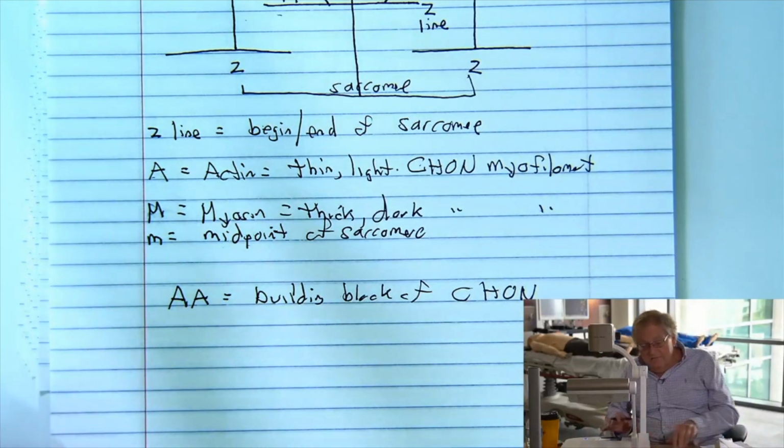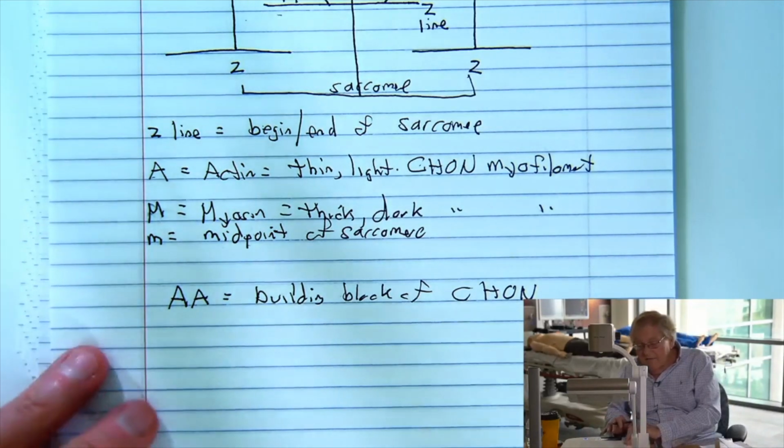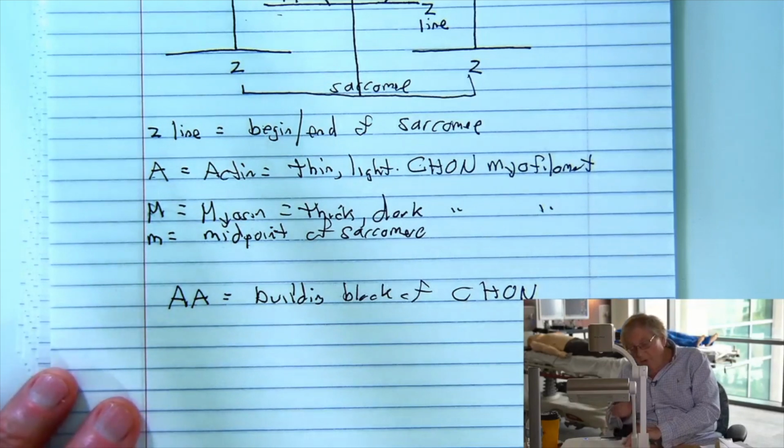The last thing I really want to talk about here is that since I've drawn what's called the sliding filament theory and talked about the sarcomere, I want to just talk about cardiac muscle, which I began by talking about.